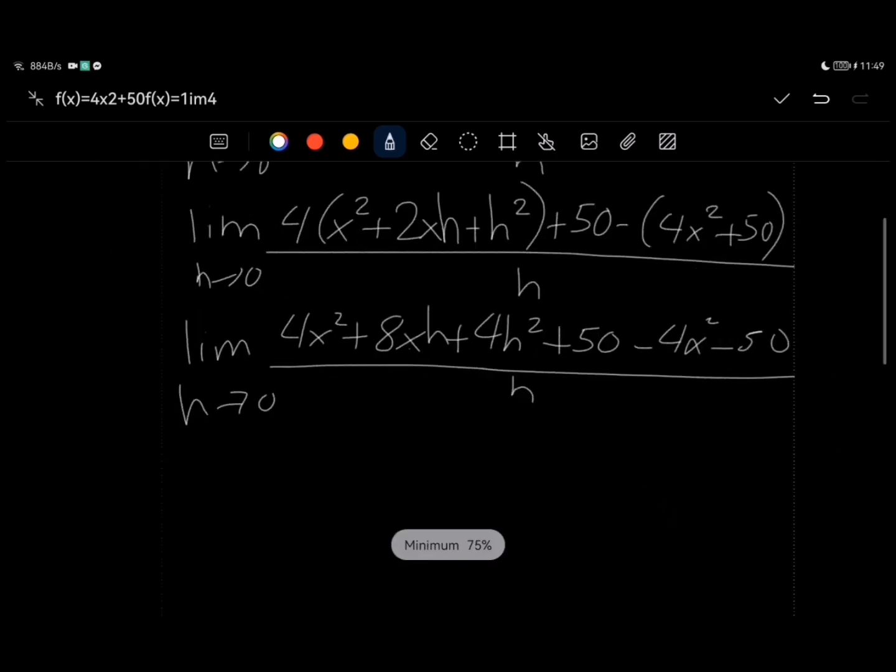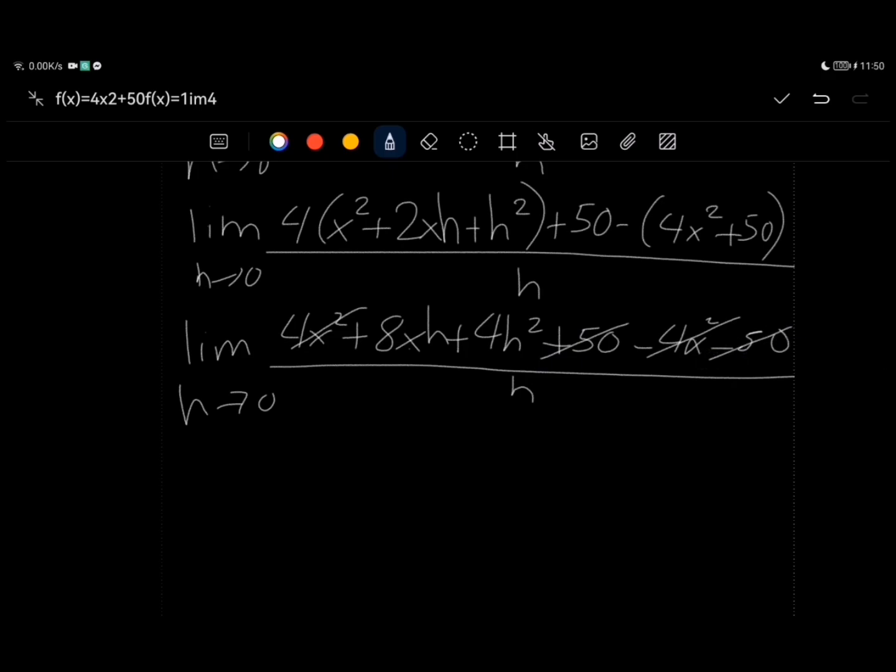So at this point, you need to cancel like terms. So 4x squared is cancelled. We have positive 50 and negative 50.